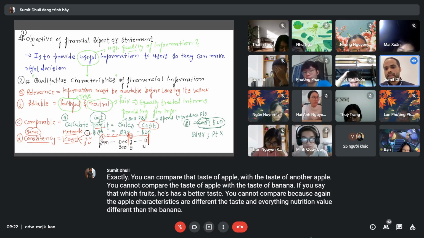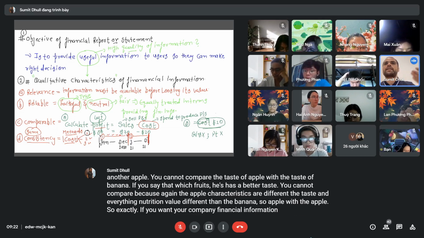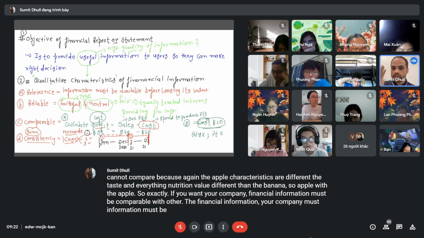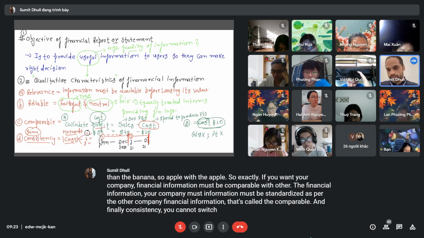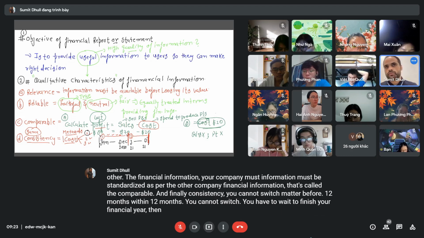So apple with apple. Exactly, if you want your company's financial information to be comparable with other companies', it must be standardized as per the other company's financial information. That's called comparable. And finally, consistency. You cannot switch method before 12 months. Within 12 months, you cannot switch. You have to wait to finish your financial year, then you can switch if you want.